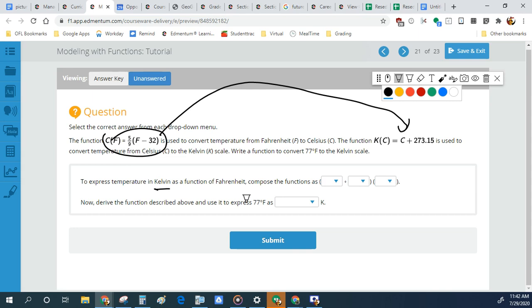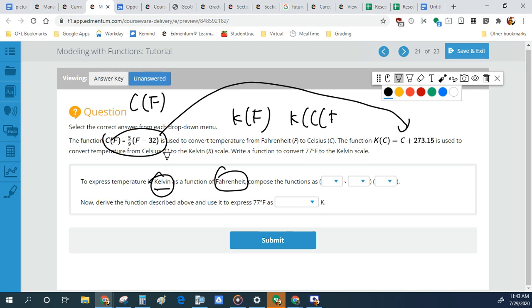Okay. So basically, they want us to solve for Kelvin, but they want our input overall to be Fahrenheit. Well, we don't have a Kelvin with an input of Fahrenheit, right? We have a Celsius with an input of Fahrenheit. So what we're going to have to do here is Kelvin with Celsius, and that one has an input of Fahrenheit.